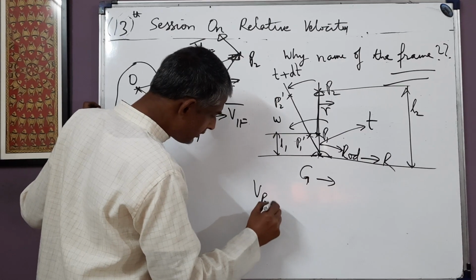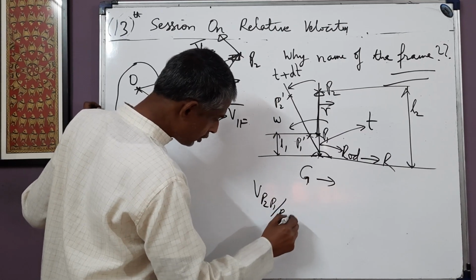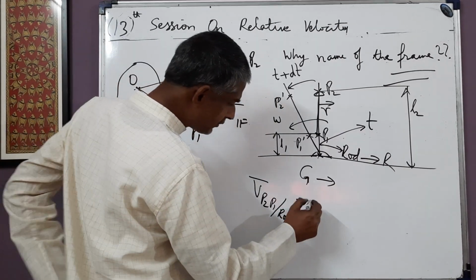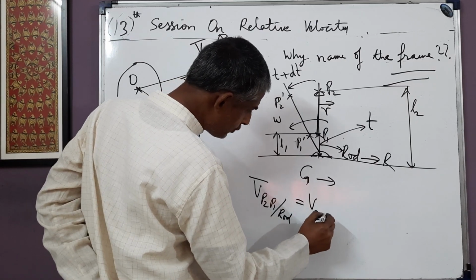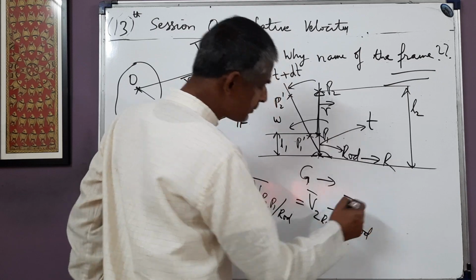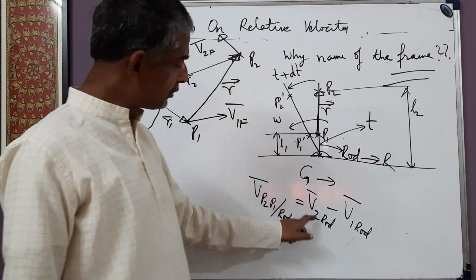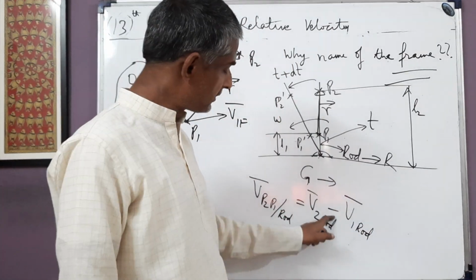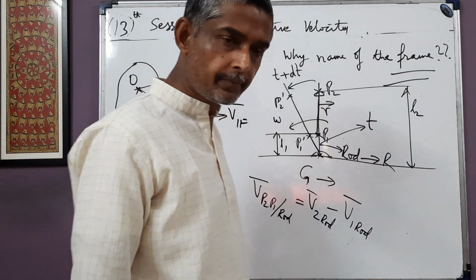if we write V P2 P1 in rod, then that definition will be V2 rod minus V1 rod. This means velocity of P2 with respect to the rod minus velocity of P1 with respect to the rod.